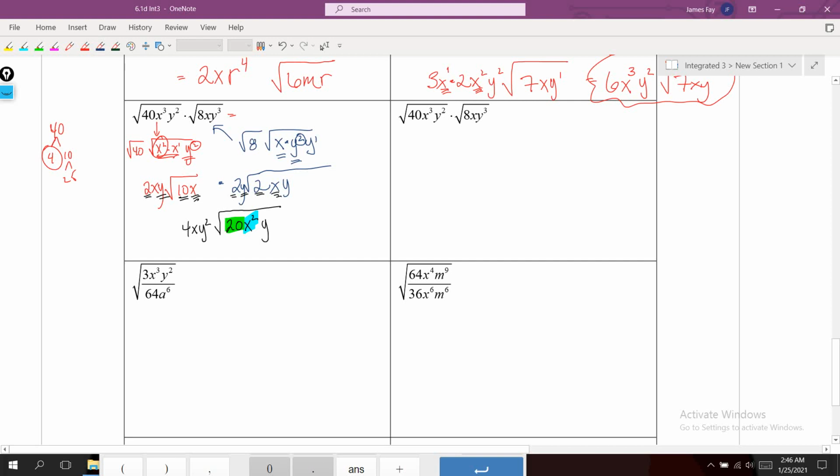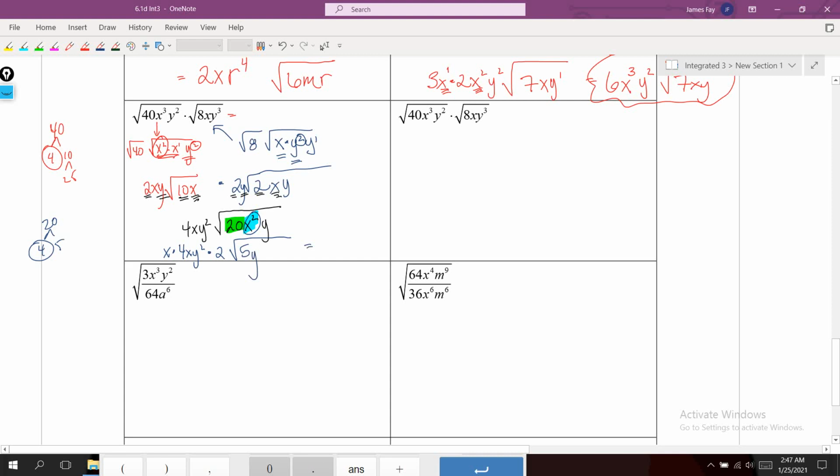Okay, so 20 breaks down to 4 and 5, 4 being a perfect square. So I've already got this 4xy squared out front. This 2 from the 20 can come out. 5 will stay underneath. This x squared, because it's even, an x can come out for that, and this y stays alone.